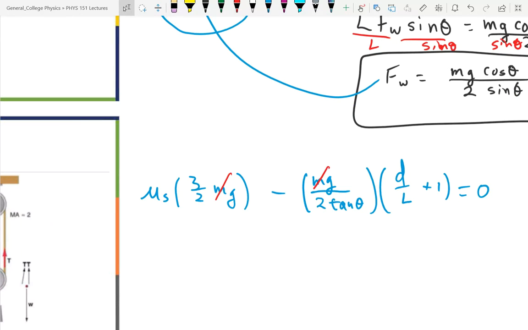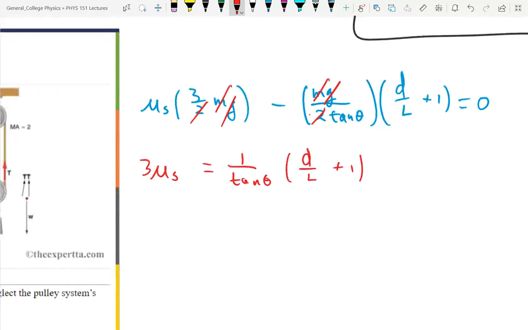I want to solve this for D, so the first thing I'm going to do is move this across and multiply everything by 2. So I'll have 3 mu s g. Oh, I can cancel the g's too. Let's get rid of those. 3 mu s is equal to 1 over, I cancel the halves, 1 over tangent theta of d over L plus 1.